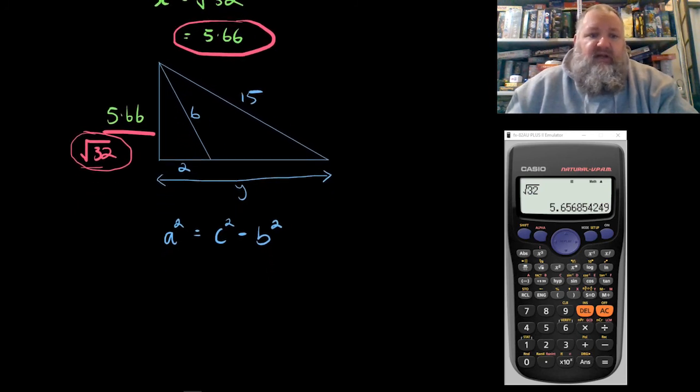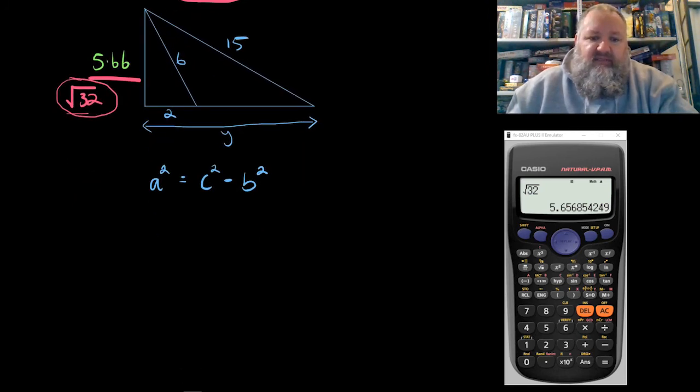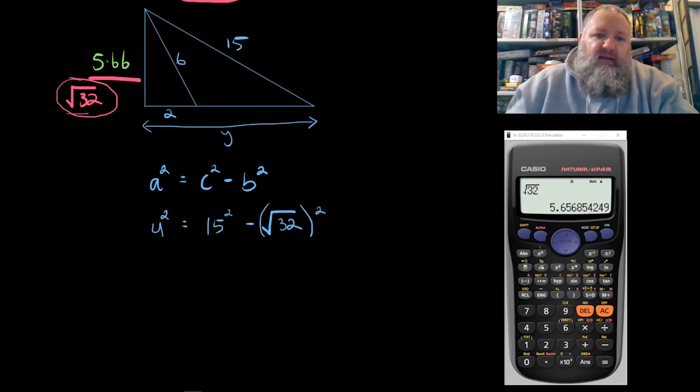Okay, so I'm going to substitute in my values here, and for my value of b, you'll see that I actually kept that as the square root of 32.